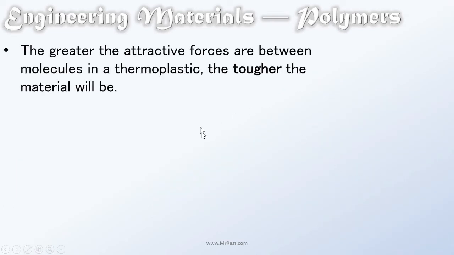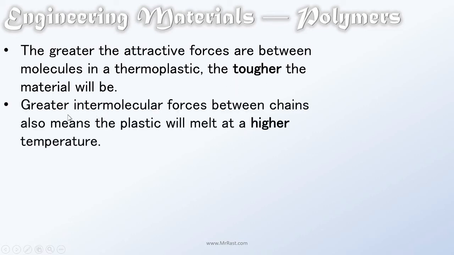So let's talk about some factors with polymers, some situations here about the different types of polymers and what sets them apart from each other if we want to pick the right material for our engineering task. The greater the attractive forces are between molecules in a thermoplastic, the tougher the material will be.